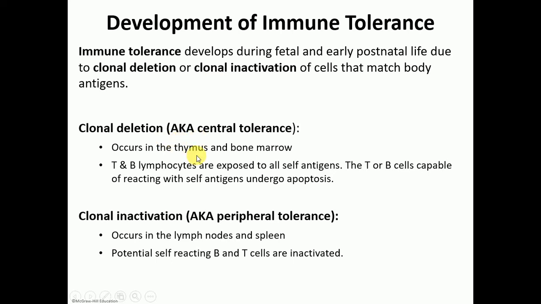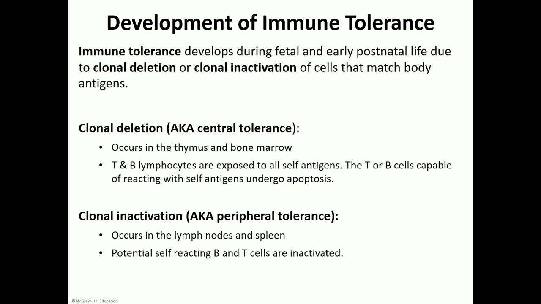That happens in the thymus and in the bone marrow, where basically your T and B lymphocytes are exposed to all of your antigens. Okay, so it's kind of like introducing your T and B lymphocytes to all of the antigens of your body. Your T and B cells are capable now of identifying these self-antigens, and any cell that has the ability to attack your own antigen will undergo apoptosis, which is the process of self-destruction.